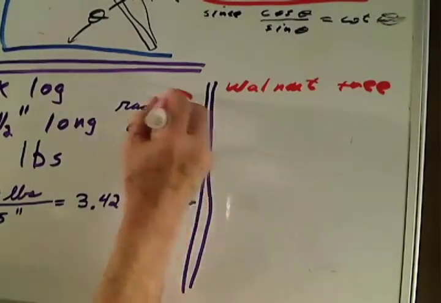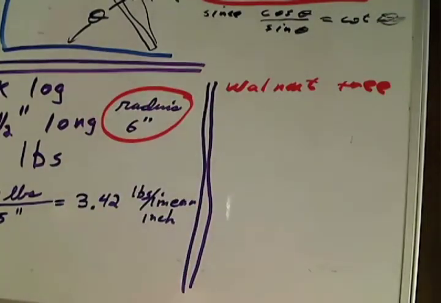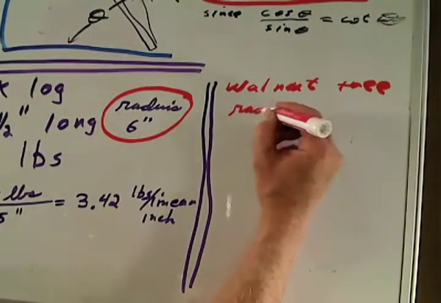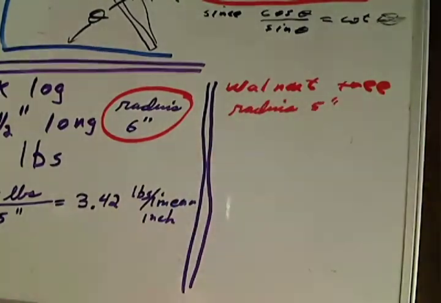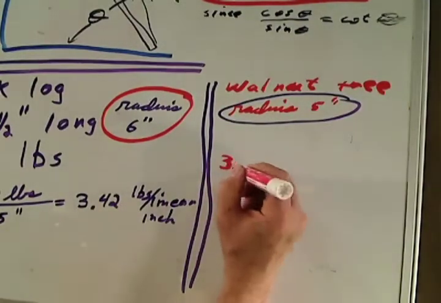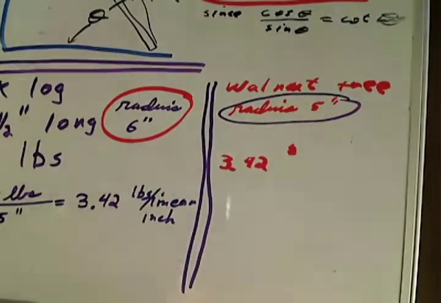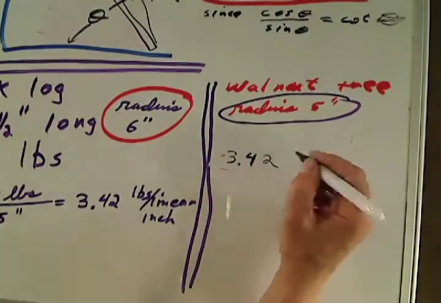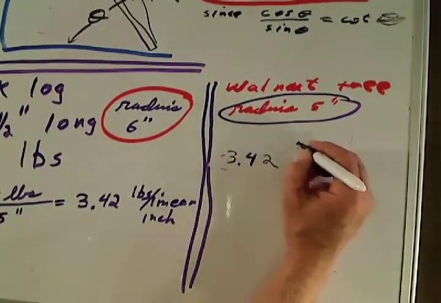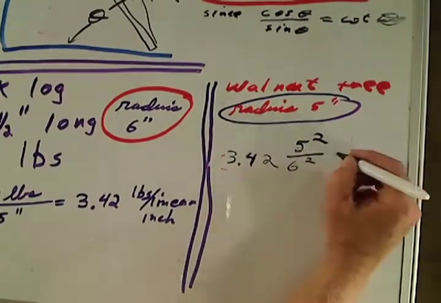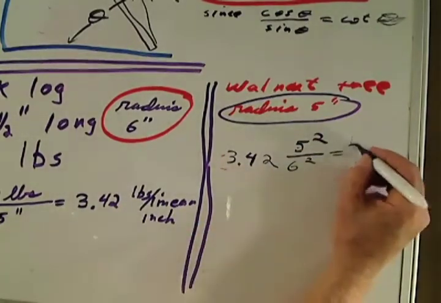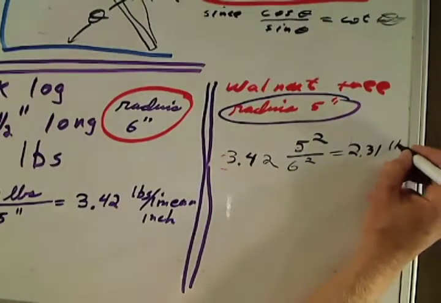The tree I'm trying to cut down is a bit smaller. It's 10 inches in diameter, which means it has a radius of 5. So if my bigger log is 3.42 pounds per inch, I take that 3.42 pounds per inch and multiply by the ratio of the squares, then I should be able to get the weight for the tree that I'm trying to pull down.